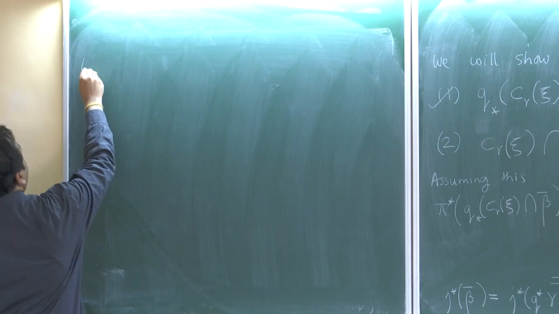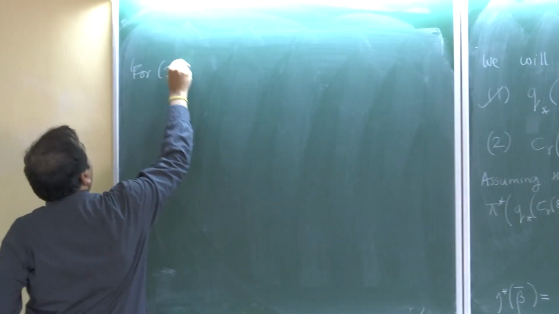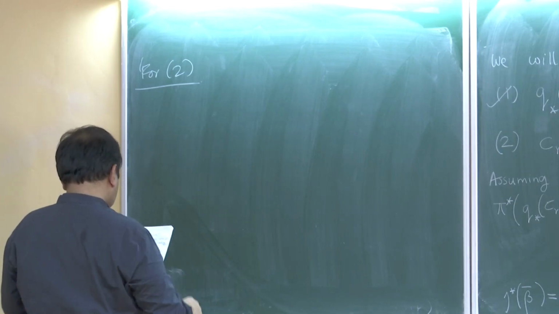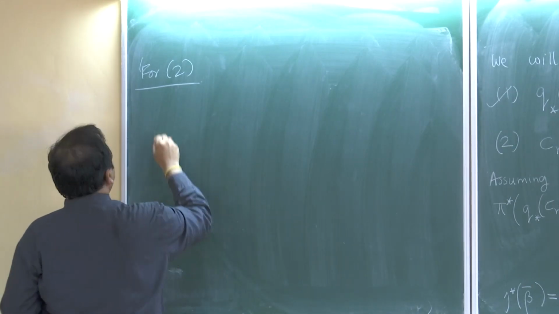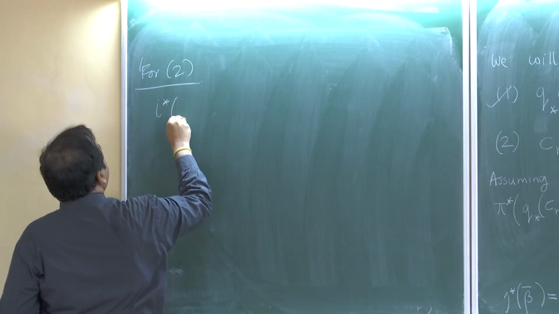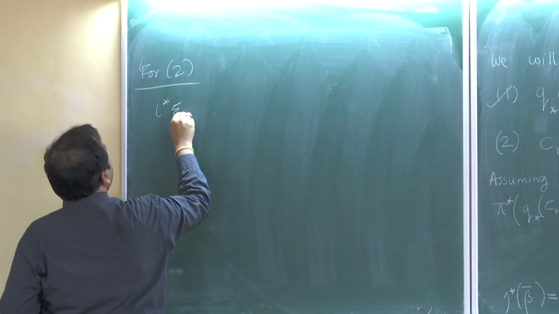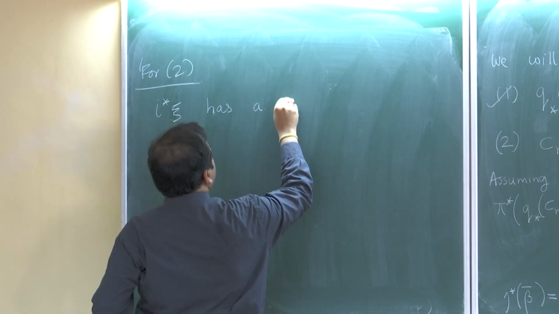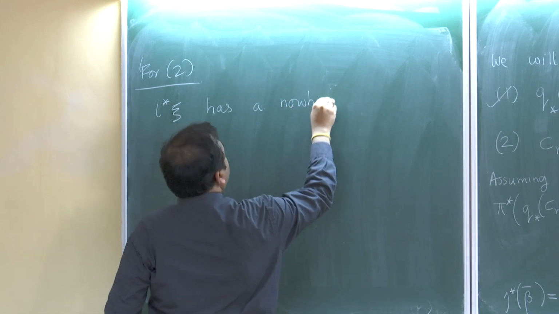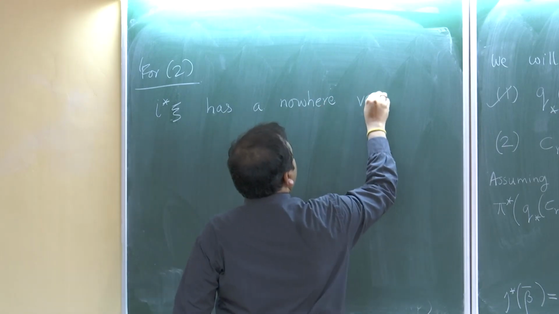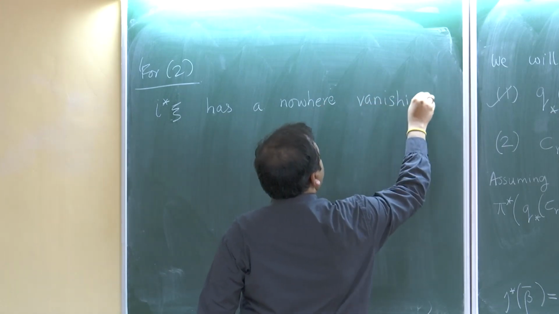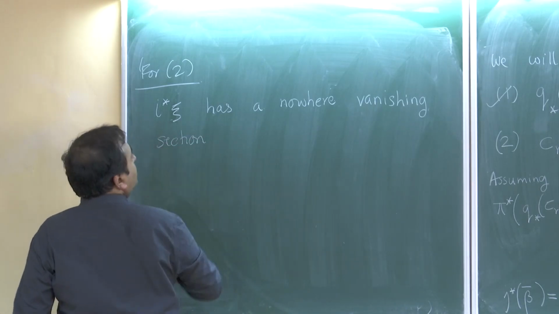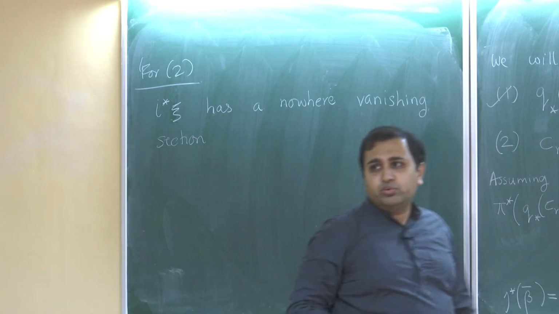For two, the thing is that I upper star psi has a nowhere vanishing section. Why does it have a nowhere vanishing section?